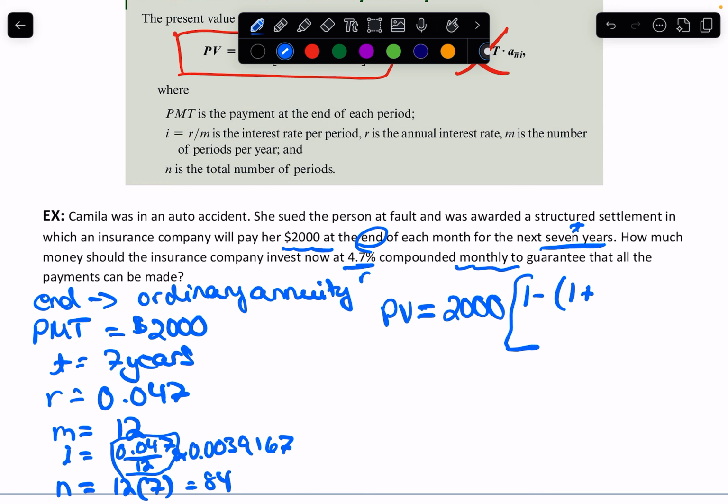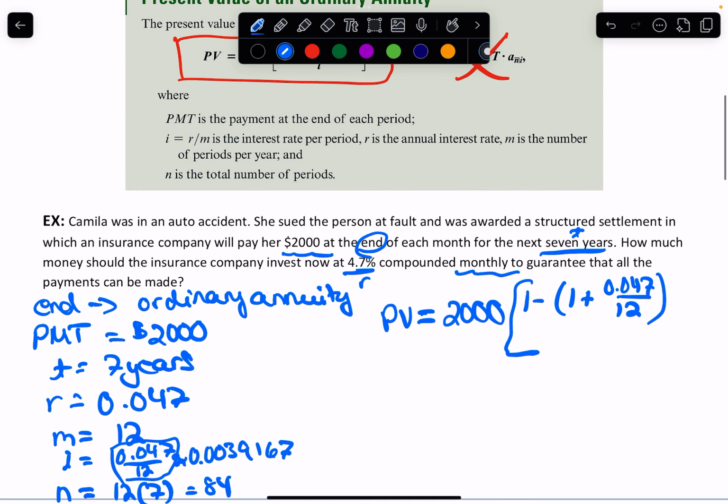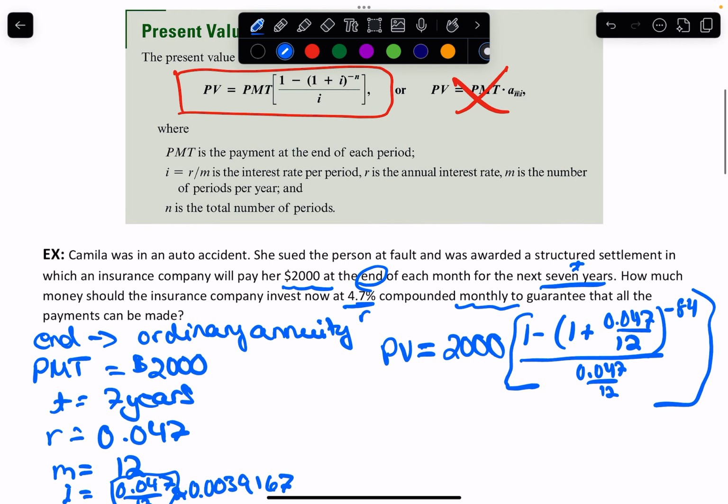You can use the decimal as well, but right now this seems a little more accurate. If you struggle with the calculator, use the decimal 0.0039167. This is to the power of negative 84, and then all this is divided by, again, I, which is 0.047 divided by 12, inside brackets.